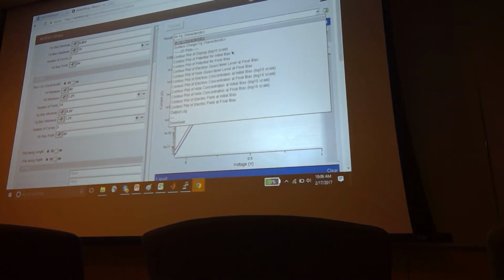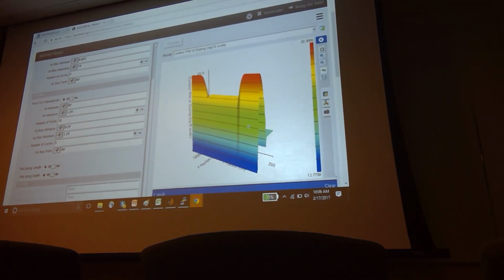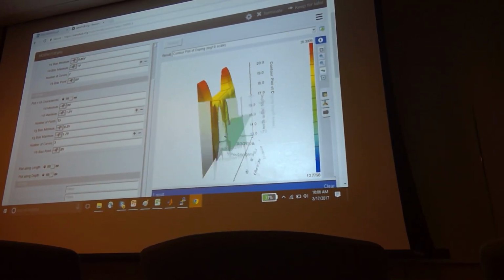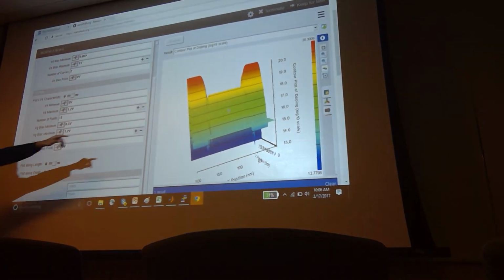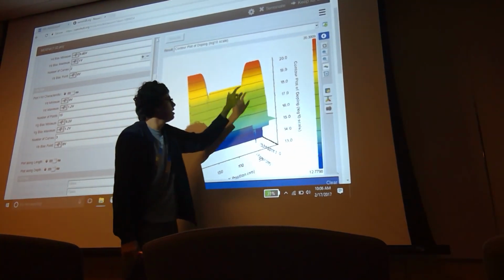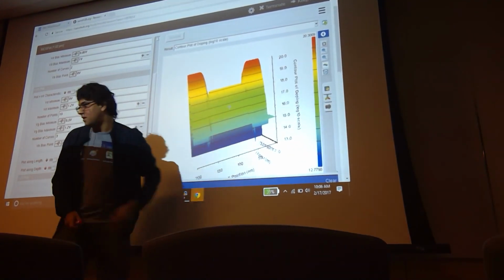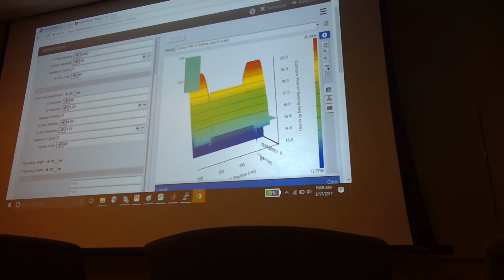And just one last thing, okay? It shows you 3D plots of your doping. So you can see here how I've doped it. This is NMOS, right? So you have high N doping here and here, and this is a p-doped channel. I can also look at the contour plot to see the doping concentration.